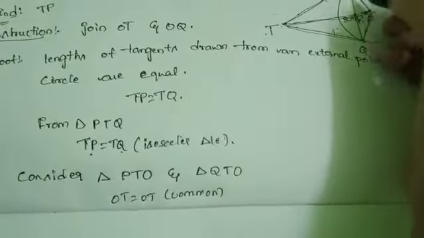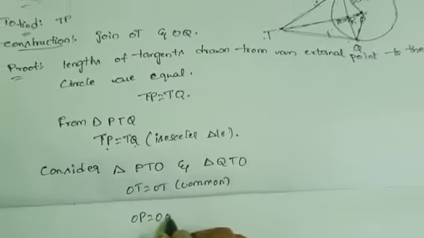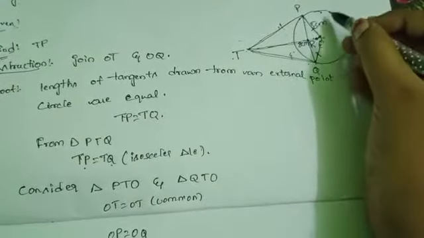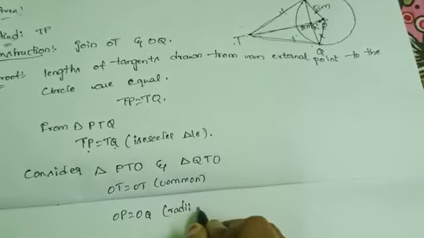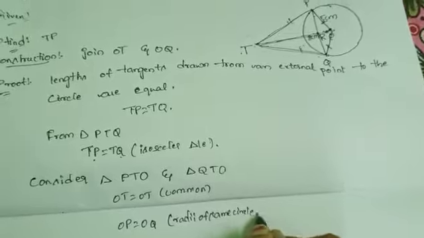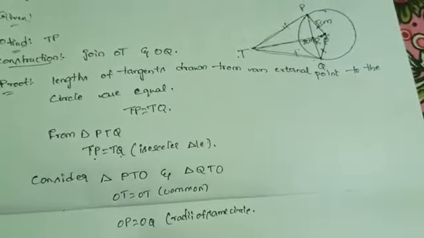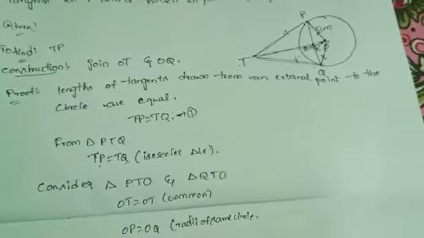Next, OP equal to OQ, as OP and OQ are radii of the same circle. Next, TP equal to TQ. Let this be equation 1.